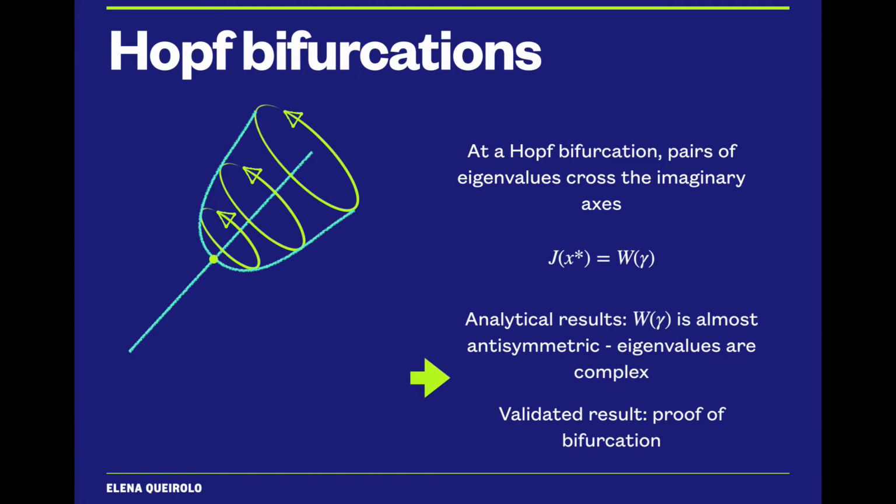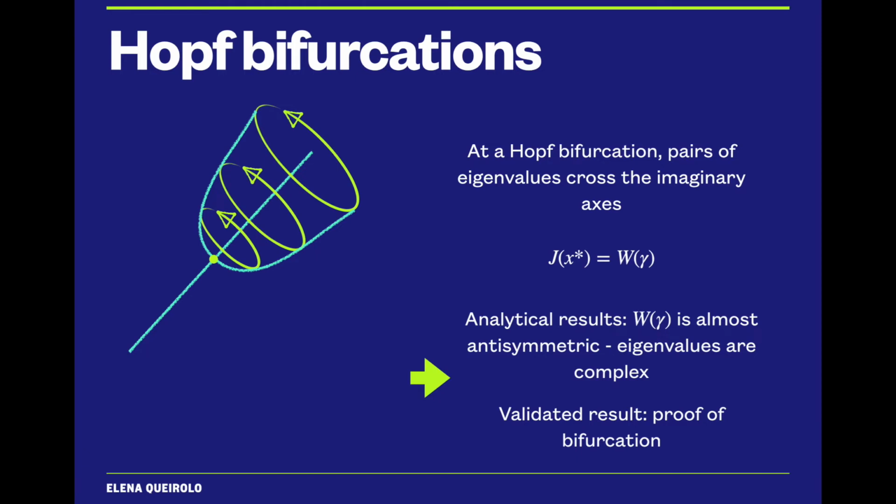So we would have no Hopf bifurcation because it would be constantly on the imaginary axis. With the diagonal shift that we have introduced with gamma, these eigenvalues have real part equal to gamma. So they are all crossing the imaginary axis at the same time. So the eigenvalues would be complex for all values of gamma different than 0.